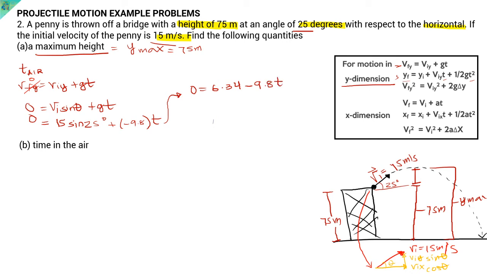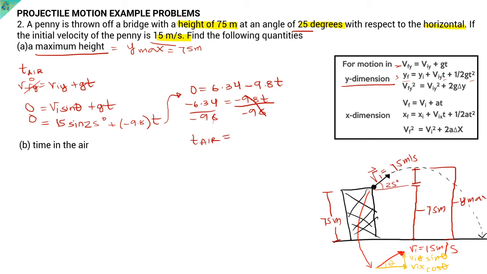I'll transfer 6.34 to the other side, making it negative, or you can also keep the negative 9.8, whichever you prefer. But for now, I'll transfer 6.34. Negative 6.34 is equal to negative 9.8t. Divide both sides by negative 9.8. Cancel, cancel.